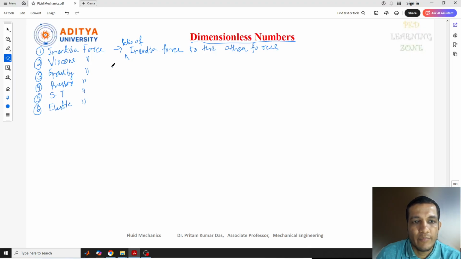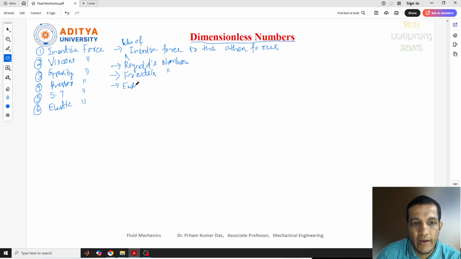So what are the different types of numbers? First is the Reynolds number. Next is the Froude number. Next is Euler's number.